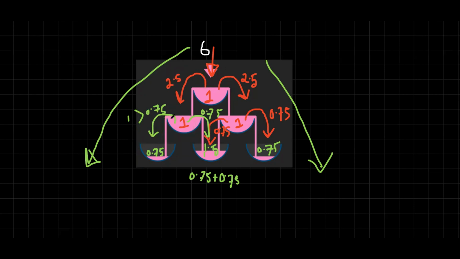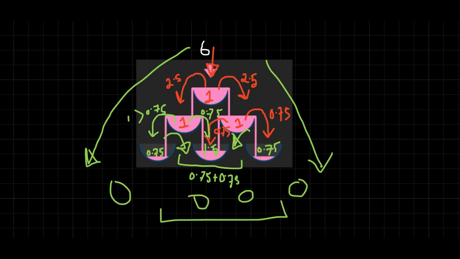But all of the middle glasses will contain champagne from the left side and from the right side. Suppose if we have 4 units of champagne here, then these 2 glasses will contain champagne from here, and this glass can contain champagne from here and from here.